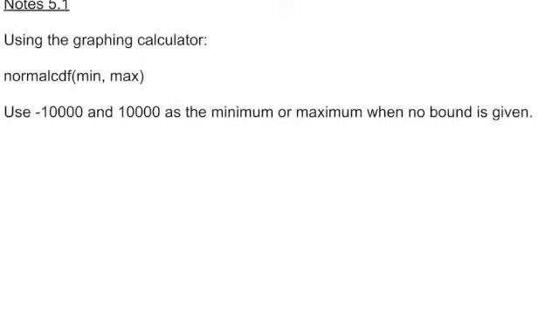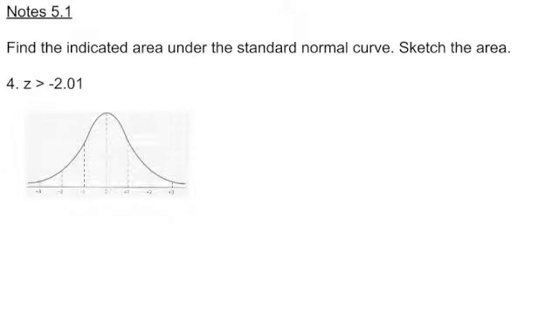So let's go back. All right, in this example, we're looking at the area where z is greater than negative 2.01, so that would be to the right. So I go here to negative 2.01, and we're looking to the right.